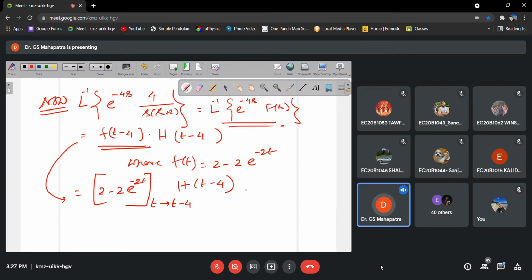So if I simplify here, the answer is 2 minus 2 into e to the power minus 2 into t minus 4, this bracket closed, into h of t minus 4.